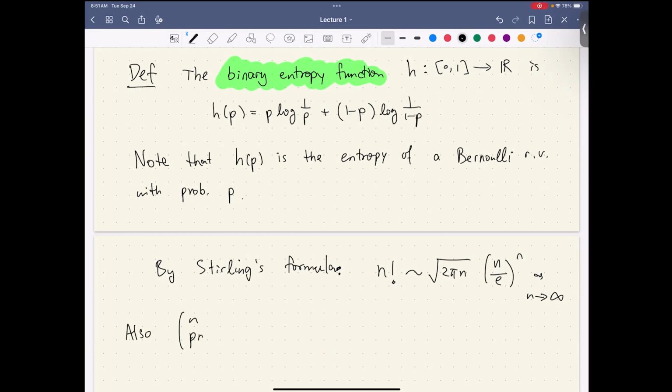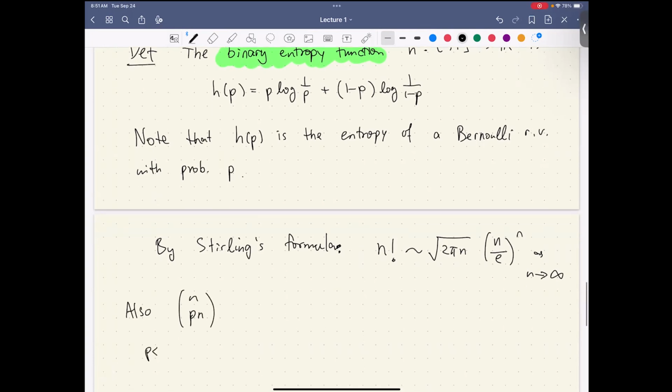n choose pn, if you take p between 0 and 1, is roughly, using the entropy function, 2 to the h(p) times n over some lower order term, which let me write out: square root of 2 pi n p (1 minus p).